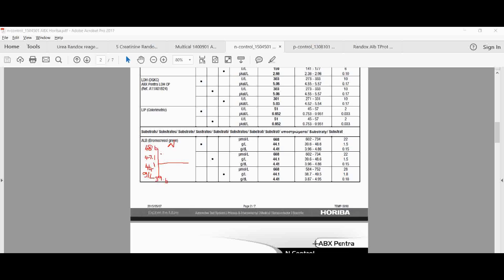So you look at the rules across the different controls and individually. So individually, per control, you look at the Westgard rules and you compare it with the other control as well, the P control that you did together with the same sample, and then you check whether any of the Westgard rules has been violated.